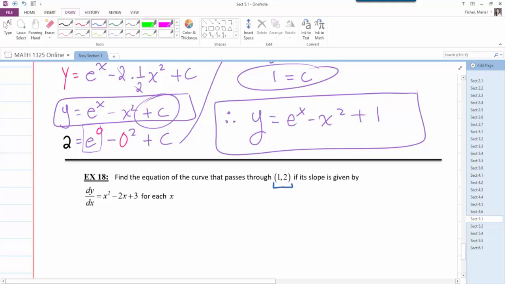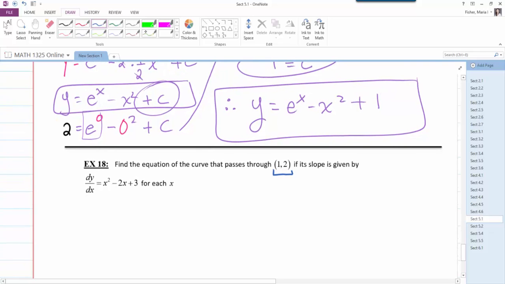So the first thing to do is start by finding the antiderivative. So we say y would equal, well, here my n is equal to 2, so this is going to be 1 over 3 x cubed. Minus 2 is a constant multiplier, it multiplies along. Here my exponent is 1, because remember, if there's no exponent, it's the implied 1.